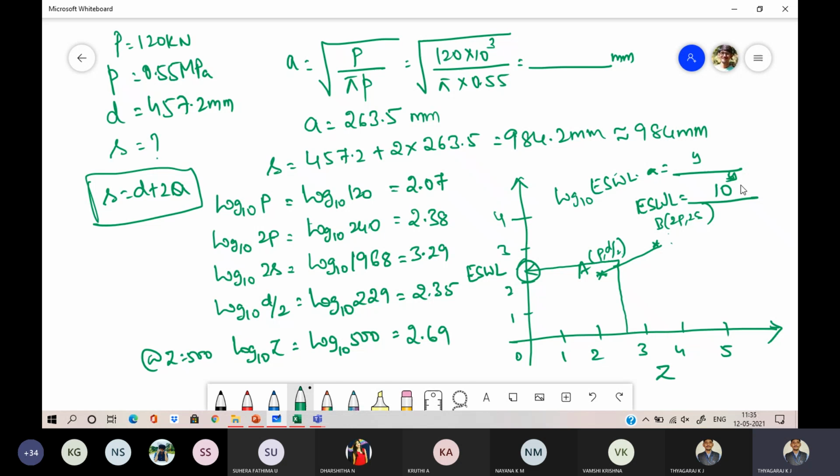Sir, are you plotting the graph? Yes, sir.